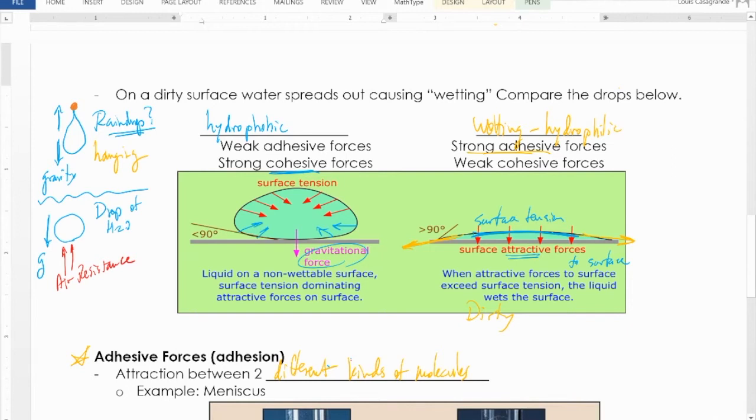And so the shape of the raindrop is not spherical. It's not that nice dangly shape. But what happens is the raindrop becomes this oblong kind of shape, almost like a bean, where it's being pulled down by gravity, but the wind resistance, the air, is pushing up and giving it this weird shape.